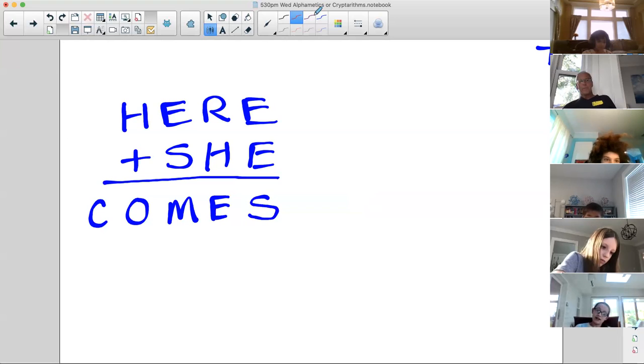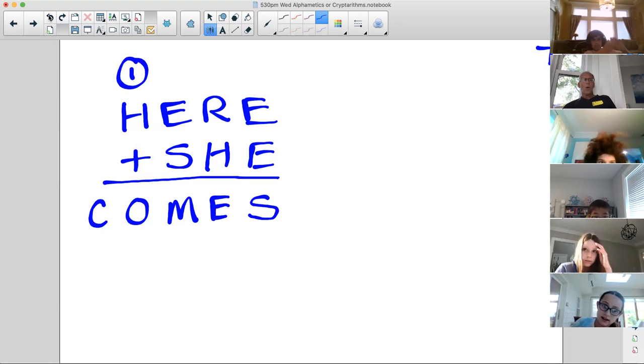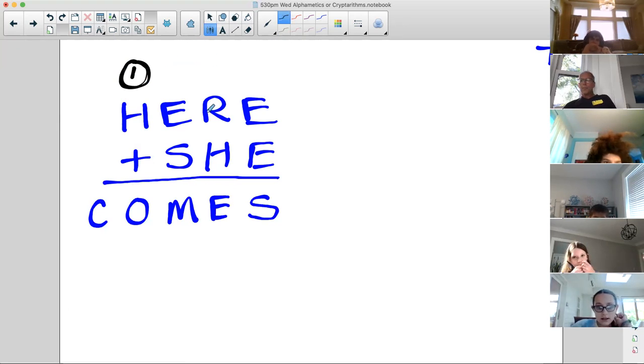Because if E and S have to be less than 10, because it's 1 through 9, then the thing that goes over has to be a 1. And since you have to tack on another number to get C, it has to be 9 to make it at least that much.